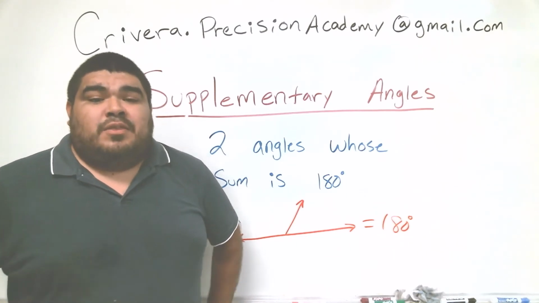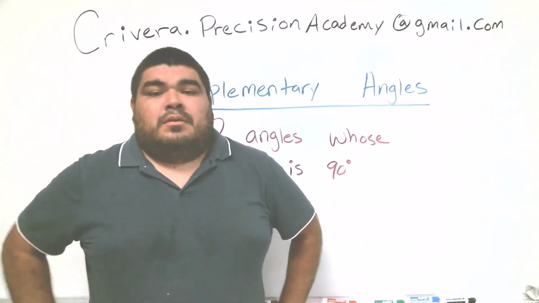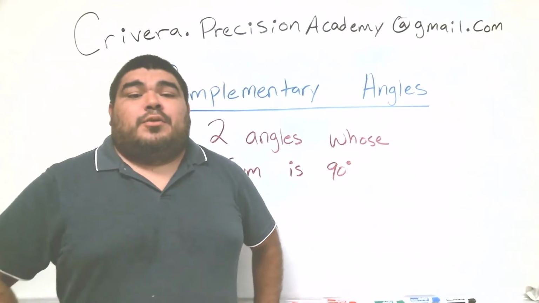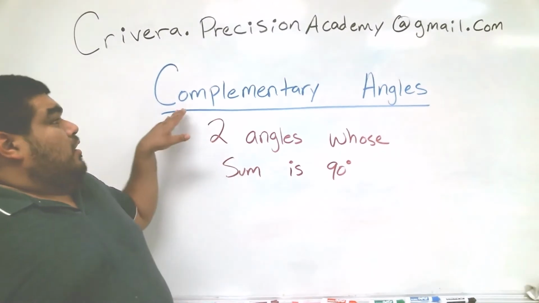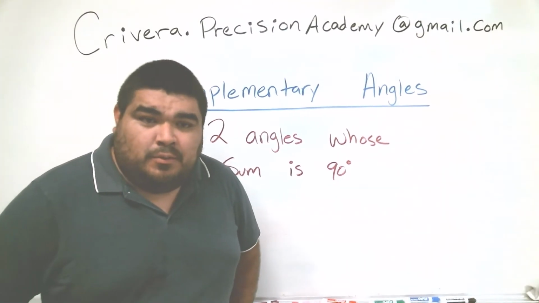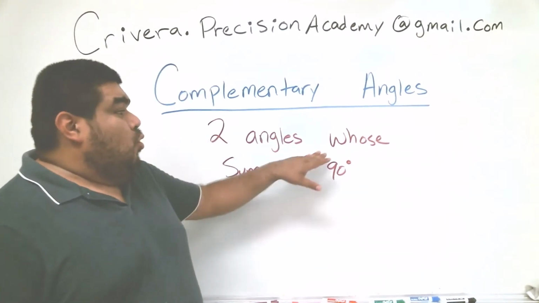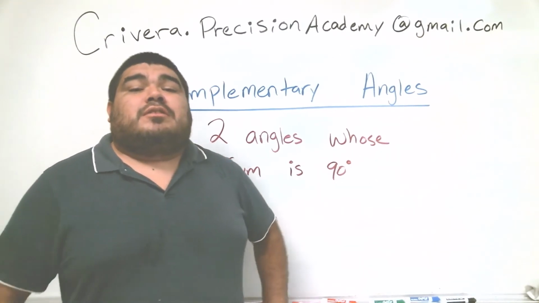Let's get started on the other word you're going to need as well. All right, guys. The other word you're going to need for today's concept is called complementary angles. Two angles whose sum equals 90 degrees.